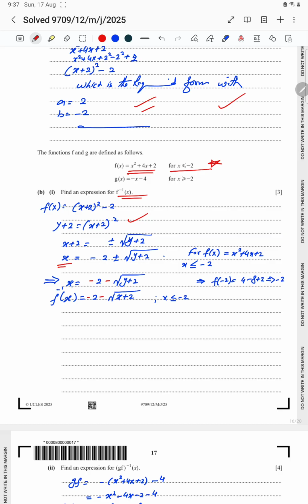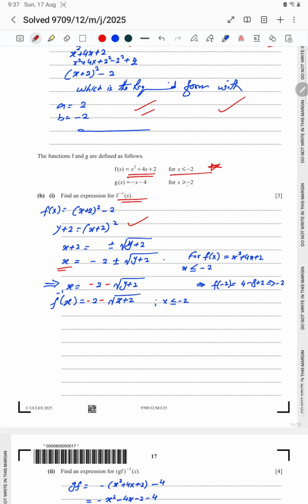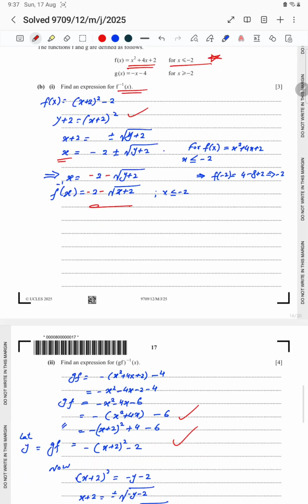Then finally I replace x with minus 2. Instead of writing plus or minus, I will select minus because x is less than or equal to minus 2, so I will take the square root term as negative. So f inverse will be minus 2 minus this, and after replacing x and y we get this result. This is f inverse of x.